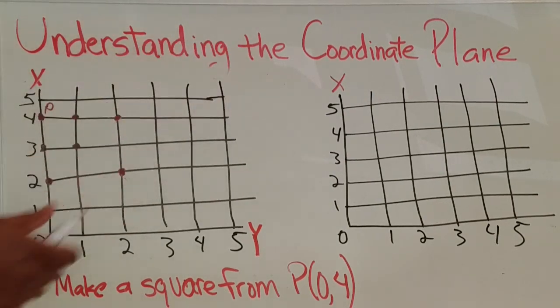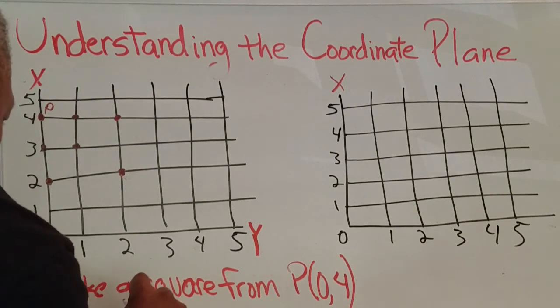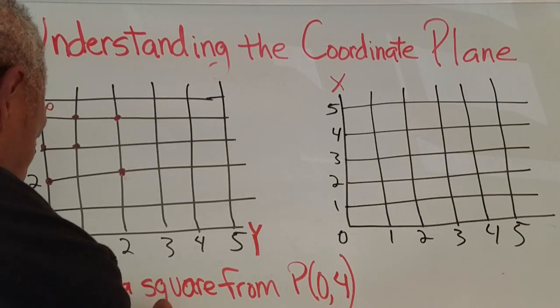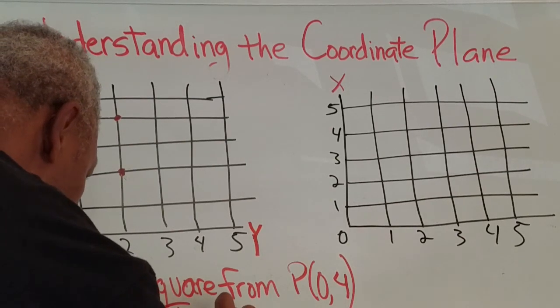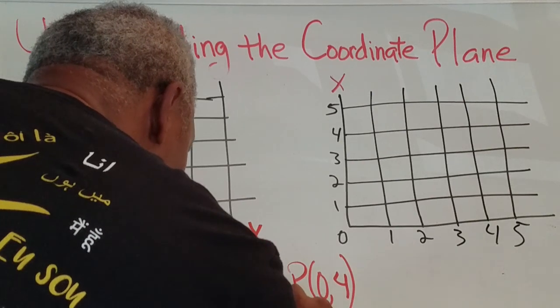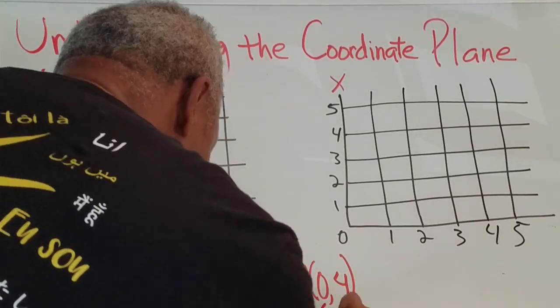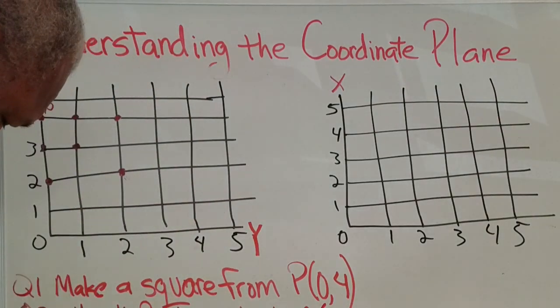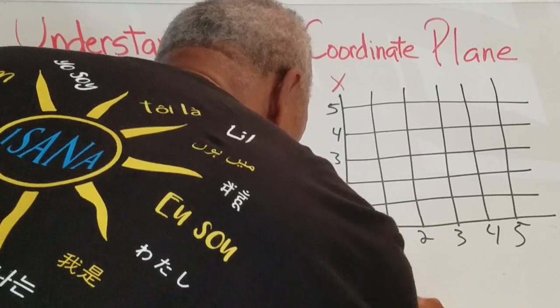All right, here's your last question. Question number 2, make a right triangle from point A, and we'll call point A ordered pair 1, 3.